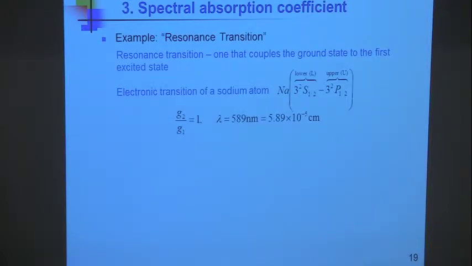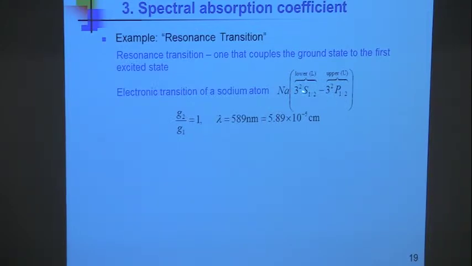Okay, so here's another terminology. Resonance transitions are ones which couple the ground state to the first excited state. So I'm talking about electronic transitions now. If we talk about a sodium atom, we have to characterize the transition we're looking at. For atoms, and we'll learn more about this later, we characterize the lower state and the upper state.